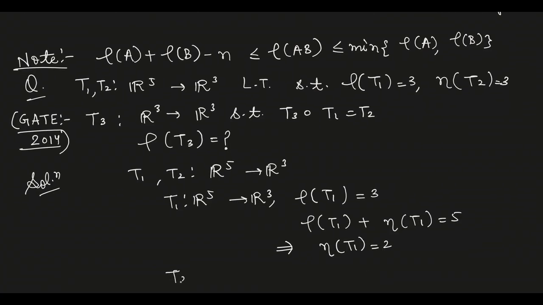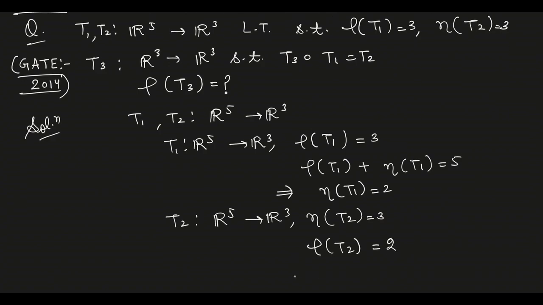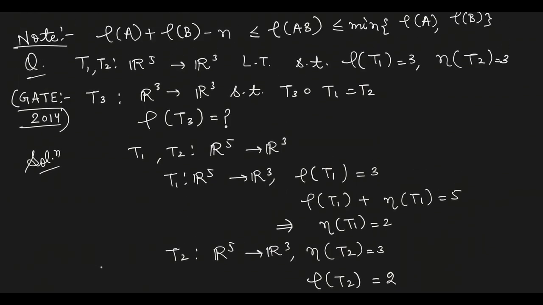And T2 is a mapping from R5 to R cube. Nullity of T2 is 3, so rank is 2. And I need to find rank of T3.